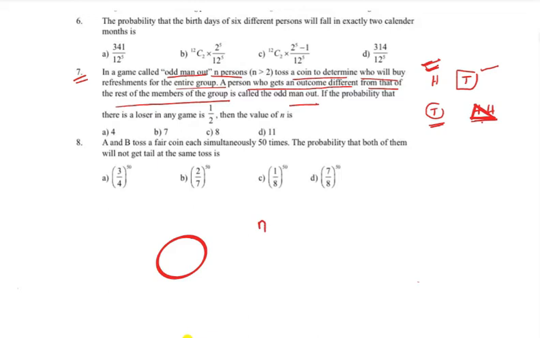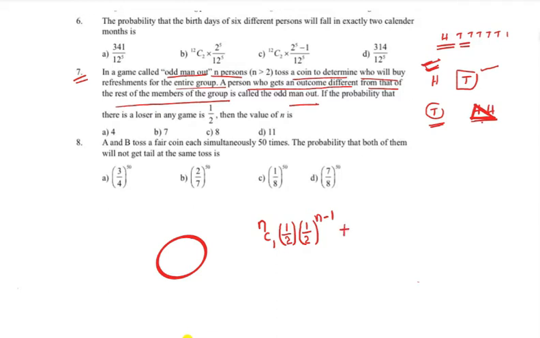So that's why from n members select any one person. That person shows head and all the remaining toss tail only. That's why that is 1 by 2 whole to the power of n minus 1, because the first person gets head and the remaining n minus 1 persons all get tail only. The probability of getting head is 1 by 2, and the probability of getting tail is 1 by 2.